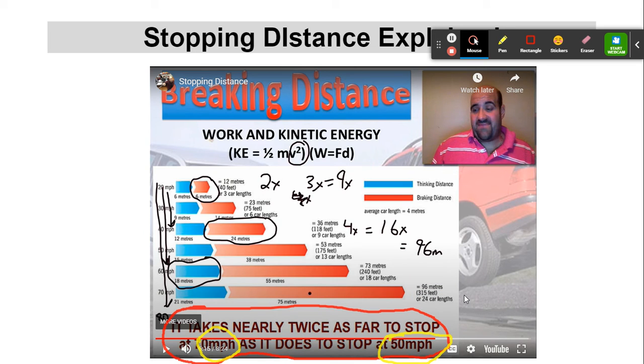So that temptation to speed up and go from 50 to 70 miles per hour on the same stretch of road, it will take you nearly twice as much distance to stop your vehicle. And stopping our vehicle means we avoid collisions. We avoid accidents, we avoid injuries, and even in the worst case scenario, death.